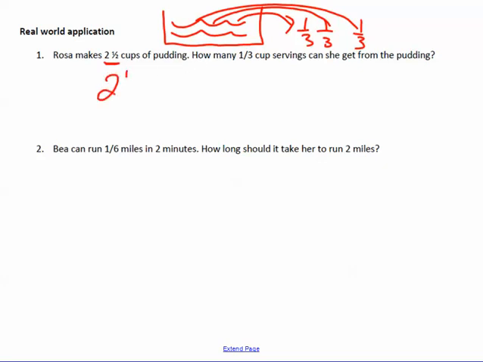So she has 2.5 cups. That's how much she has, and she wants to divide it into 1/3 cup servings. Okay, you know how to do this. We need to turn this improper first. So that's 5 over 2 divided by 1/3. Now let's keep, change, flip. Multiply straight across.